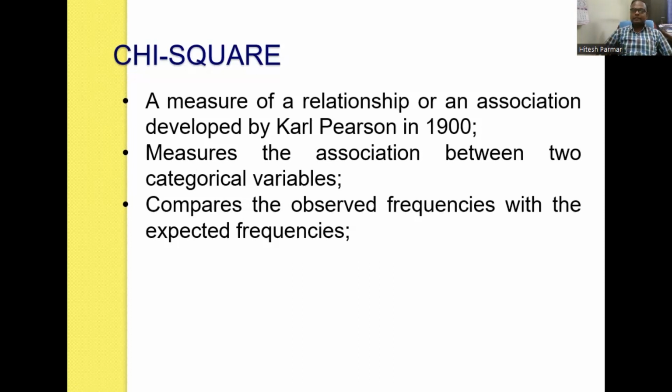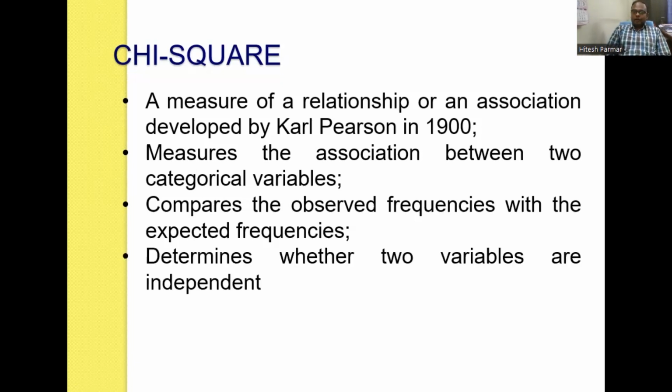So let us take the same example: if the sample size is 100 and we expect that the frequencies should be equally distributed, then the expected count must be 50-50, right, in a sample of 100. So whatever the sample size, all our categories must be equally distributed. This is what we mean by expected frequency.